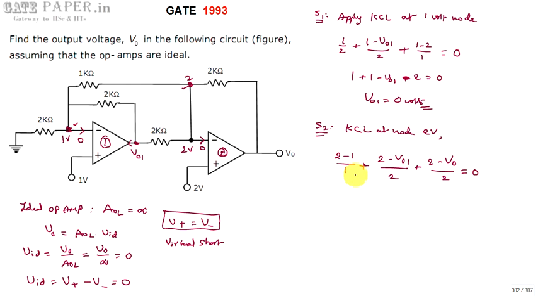Taking the LCM, this becomes 2 plus 2 minus V01 plus 2 minus V0 is equal to 0. With V01 equal to 0 volts, V0 is equal to 2 plus 2 plus 2, which is 6 volts. So the right answer for this question is V0 equal to 6 volts.